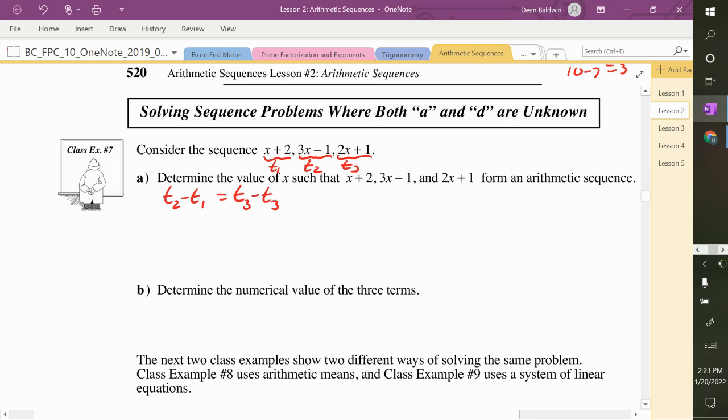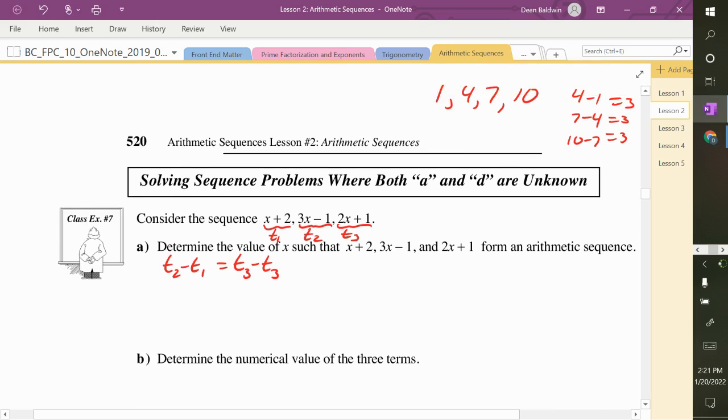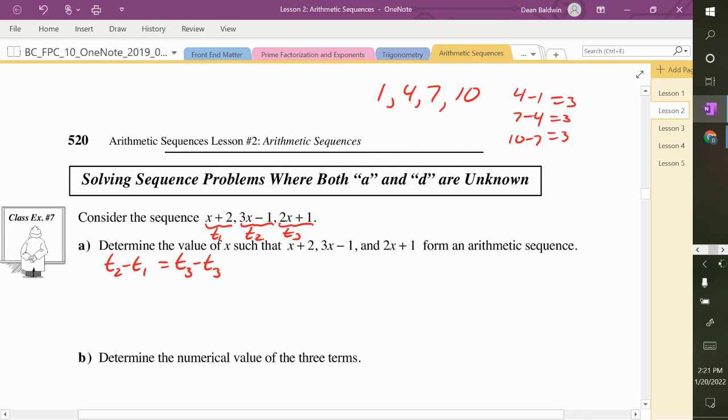Does that make sense? This is an important point. The common difference, T2 minus T1, has to equal 3, and T3 minus T2 has to equal 3. Correct?